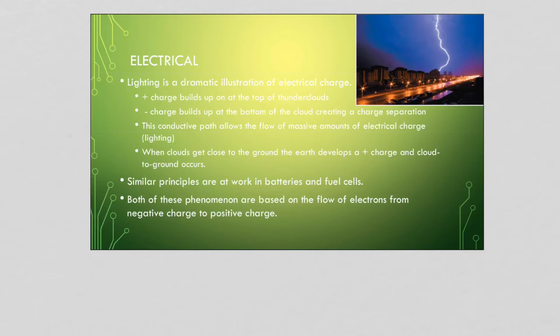And this is what we're going to be exploring in this chapter. We're going to be looking at chemical reactions that allow this flow of electrons, batteries being one place where we utilize these chemical reactions to create this flow of electrons.